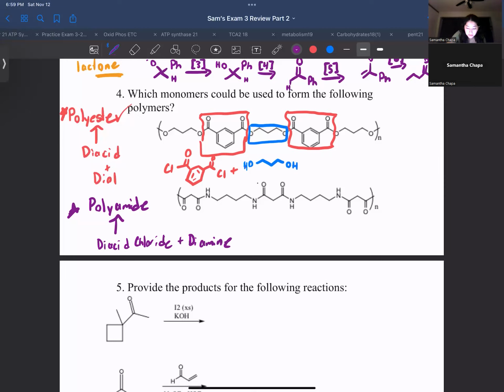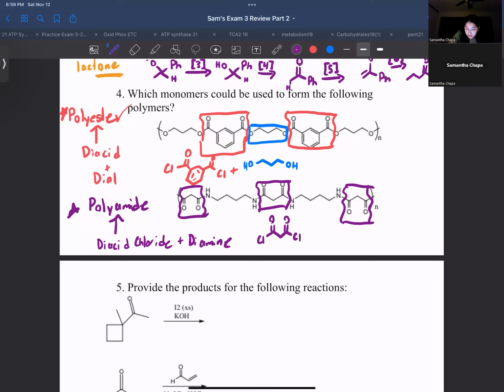You find your two carbonyls, box them in. So this should be my acid chloride. Since it's a diacid chloride, I should have two acid chlorides in my compound. That's why I boxed in those two carbonyl groups.